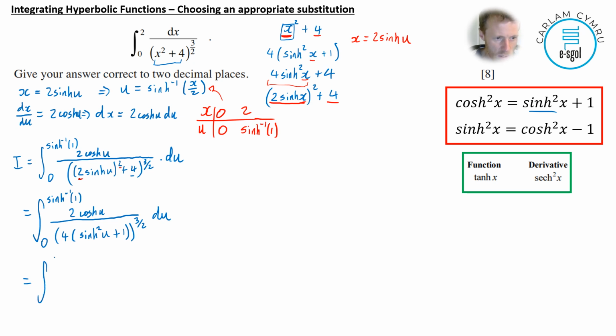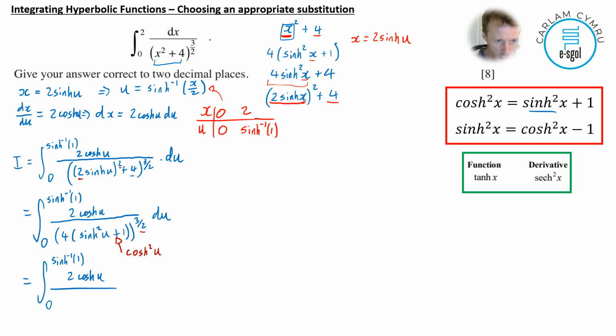So we integrate this, we get inverse sine 1 and 0, 2 cos u on the top. On the bottom, I'm having a think about what the power is doing to each of these bits. This bit here is where I'm going to stick my identity in. This is going to give us cos squared u.